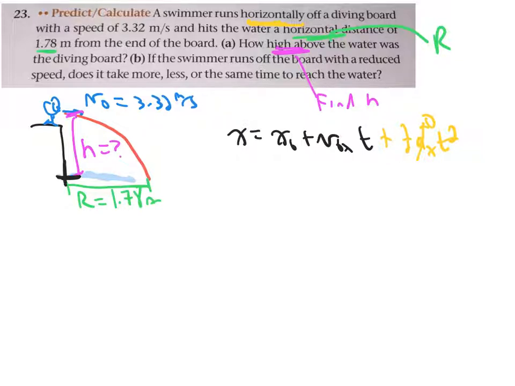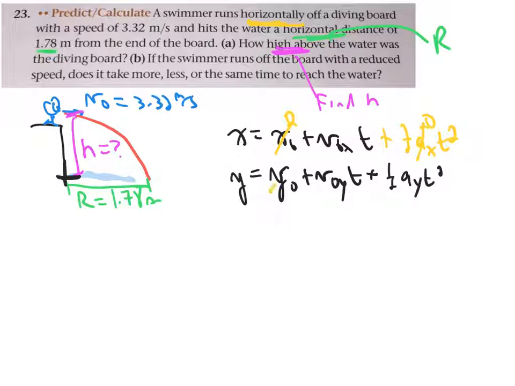And then y, at any time, is going to be the initial y plus v0y t plus 1/2 ay t squared. But again, we know stuff about this. The way we've made our choices, x0 is 0 and y0 is h. Also, we know that v0y is 0 because of the horizontally.